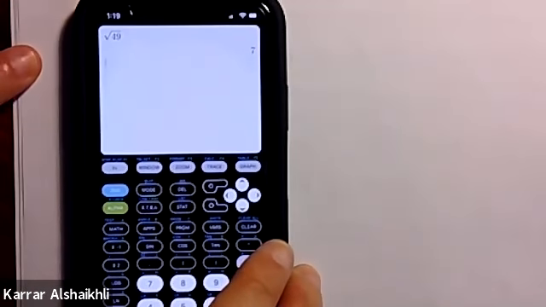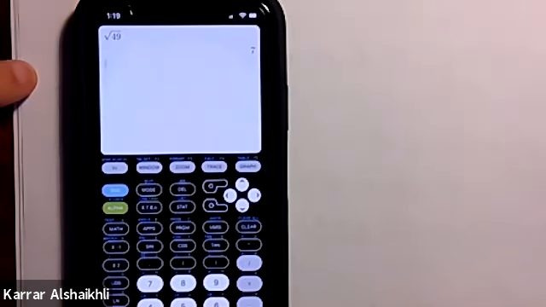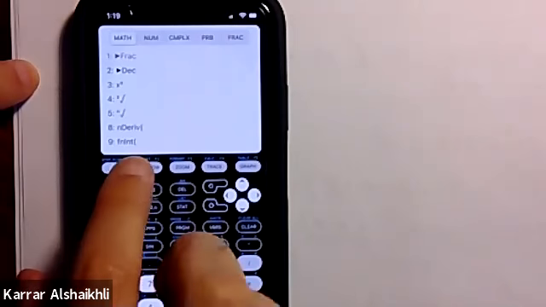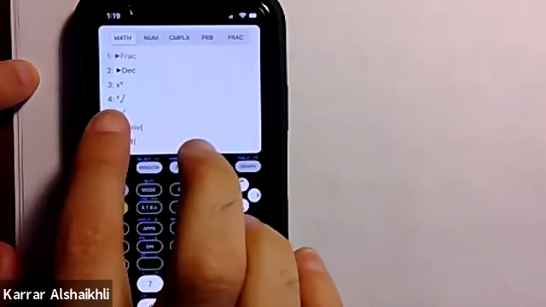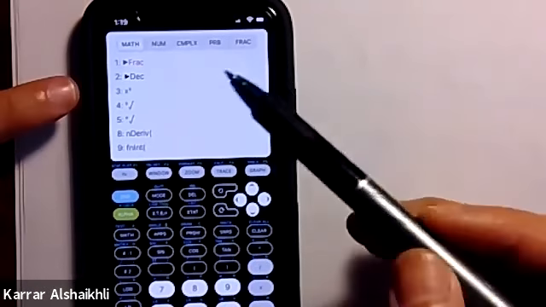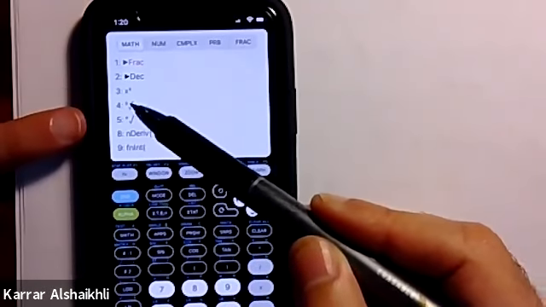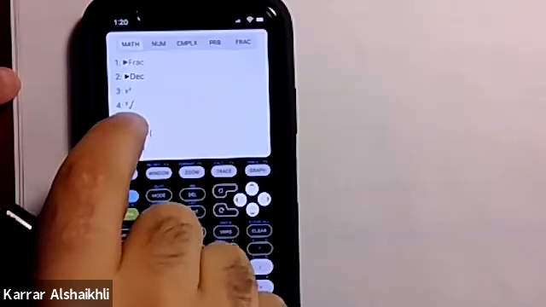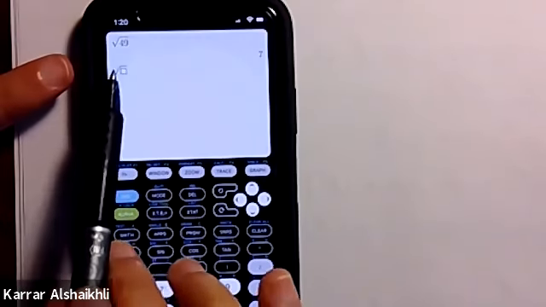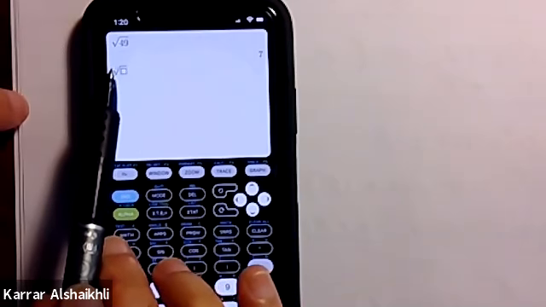There is another option to find the root, which is to click on the math button. Then you see you have two kinds of roots. You're going to find the n root, the cubic root. When you click on number 5, the n root, you see you have to submit which kind of root.